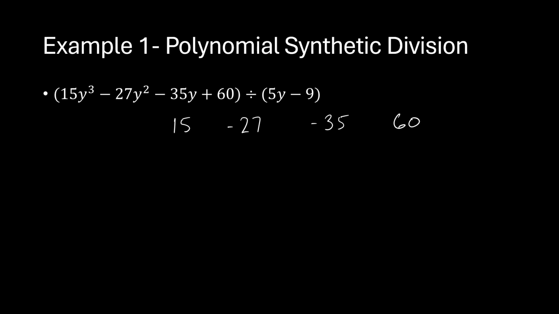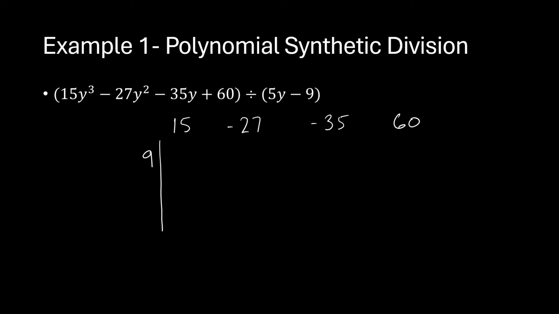Now I'm going to put negative 9, but we're not going to put negative 9. We're going to do the opposite, which is a positive 9, because division is repeated subtraction, so you do the opposite. It's going to look a little different compared to regular synthetic division.